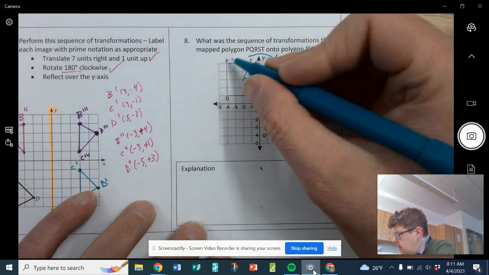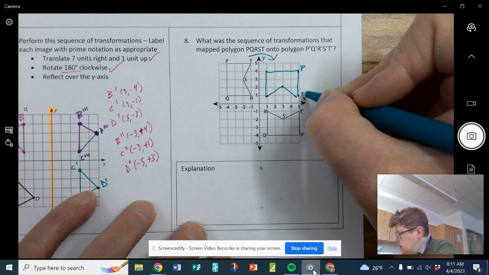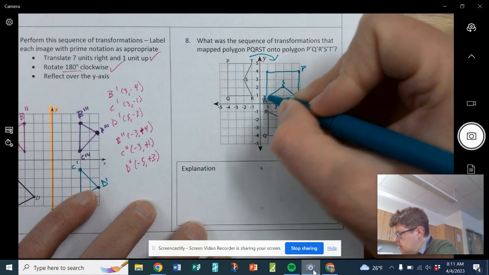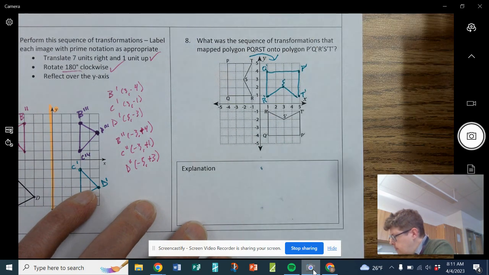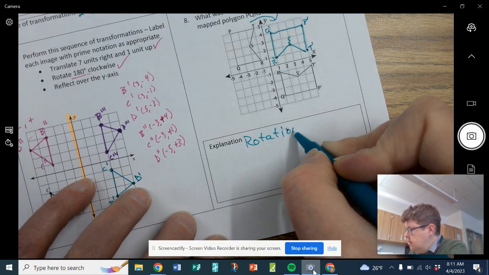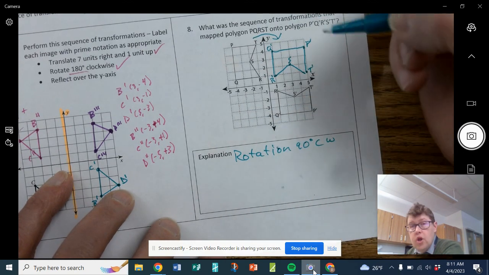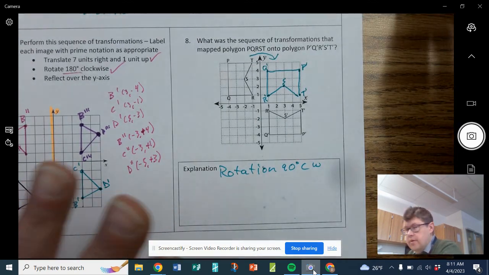And so P, after I rotate it right there, that's T, S, R becomes this one, and then Q becomes this one. Okay, so that's a rotation of 90 degrees clockwise. You could also do 270 counterclockwise, and that would get you in that right orientation right there, either one.